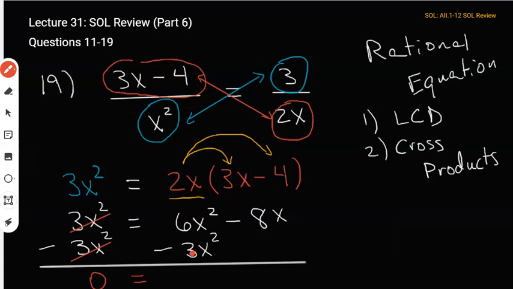What's 6 minus 3? Anybody? 3. Good. I'll put an x squared beside that. And then I'm going to bring down the negative 8x. So I get 3x squared minus 8x is equal to 0.